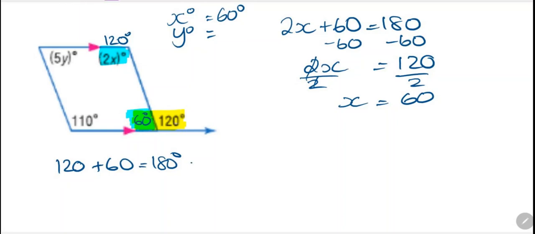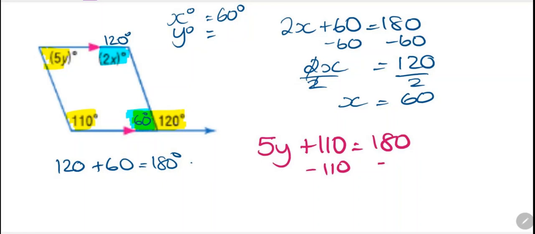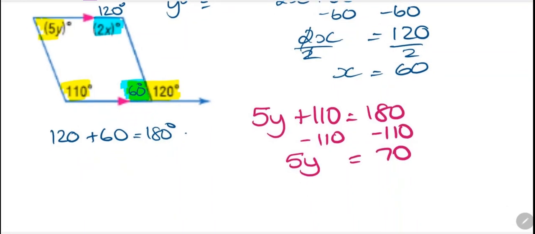Now the other side, we can also say that these two angles are also supplementary. So 5y plus 110 is 180. So if you minus 110 from both sides, 5y is equal to 70. So I'm going to divide both sides by 5.